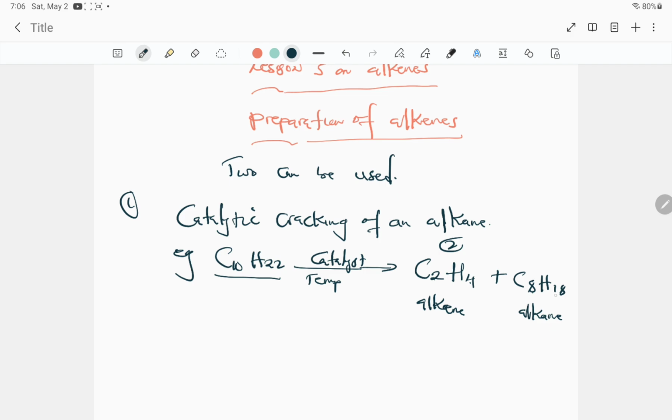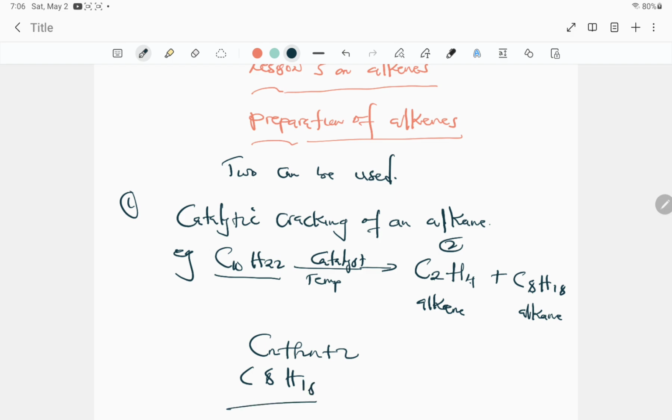We can prove our answer using CnH2n+2: with C8, 8 times 2 is 16, plus 2 gives 18.